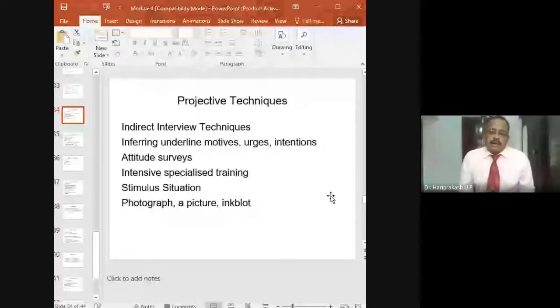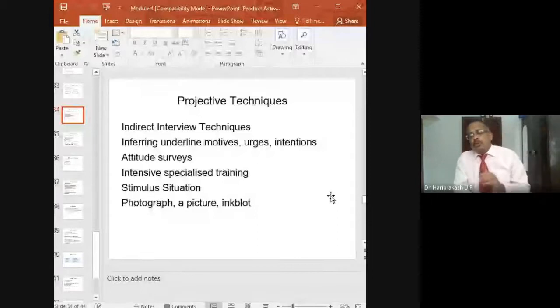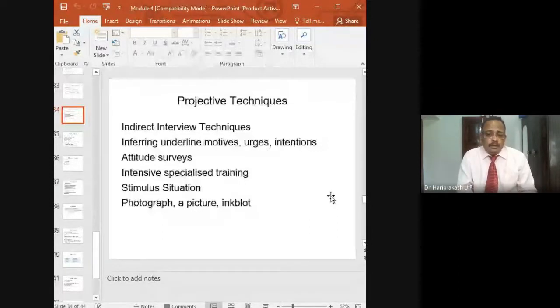What are our intentions? Suppose I ask you, what is your attitude? Whether you are optimistic, whether you are pessimistic. If I ask, you can just put something, is it not? You may not be able to understand your own personality. Then how will you write it in a questionnaire?